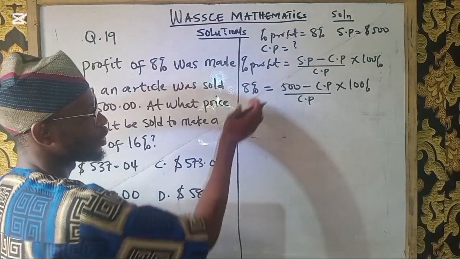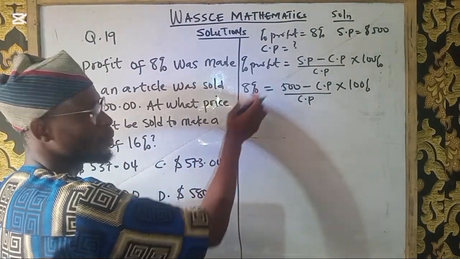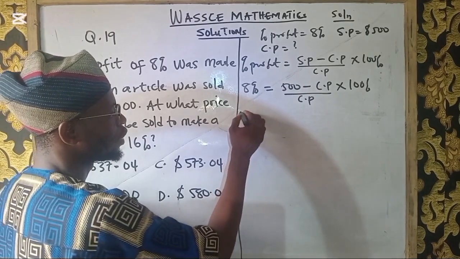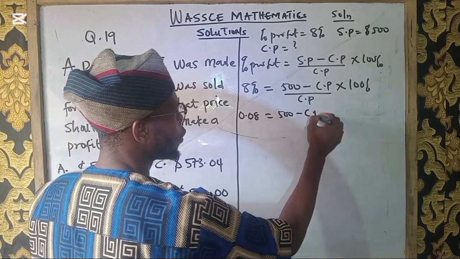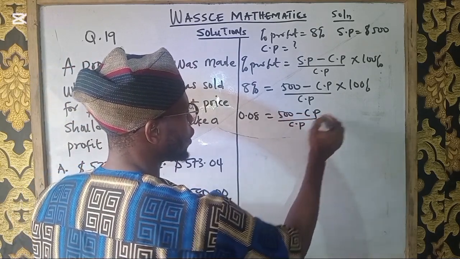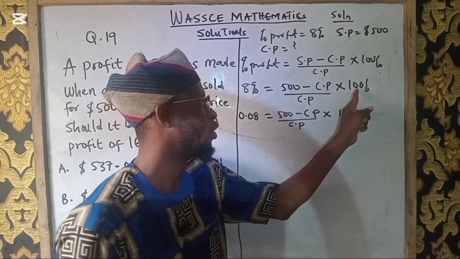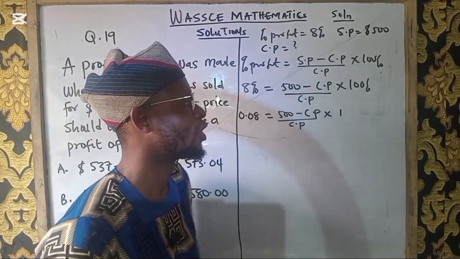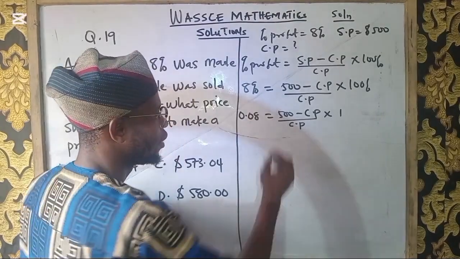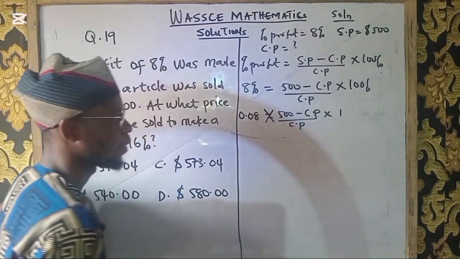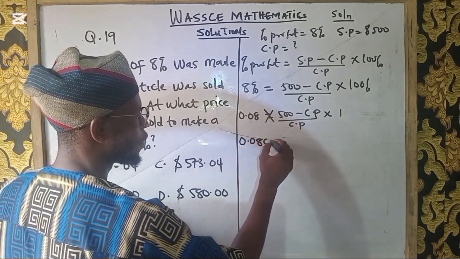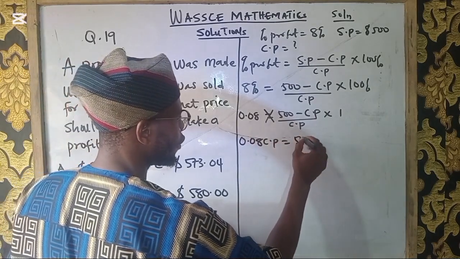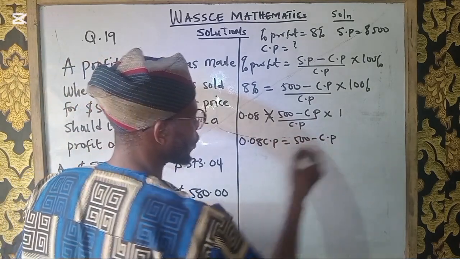So I can change this back to a decimal. 8% simply means 8 over 100, and that gives us 0.08 equals 500 minus cost price all over cost price times 1, because 100% is the same thing as 100 over 100. You understand that? Next thing is to cross multiply. When you cross multiply, you will have 0.08 cost price equals 500 minus cost price.